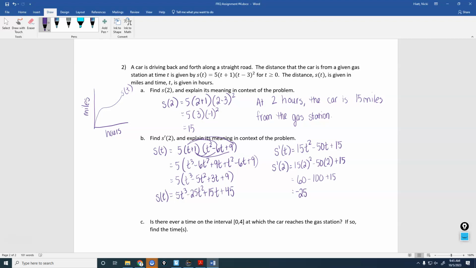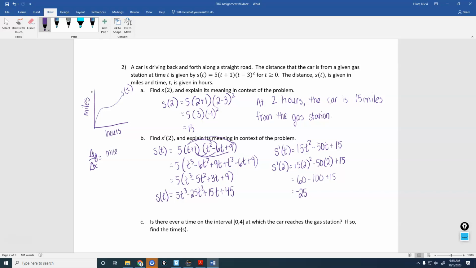Now, we gotta talk about what in the world that means. So S of t itself gave us position. What is S prime going to give us? The slope, which is changing y over changing x. What are we measuring y in?